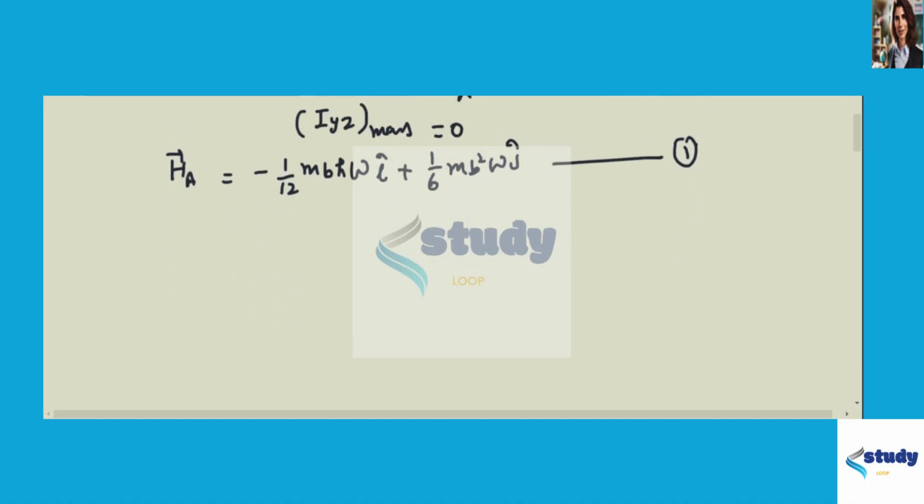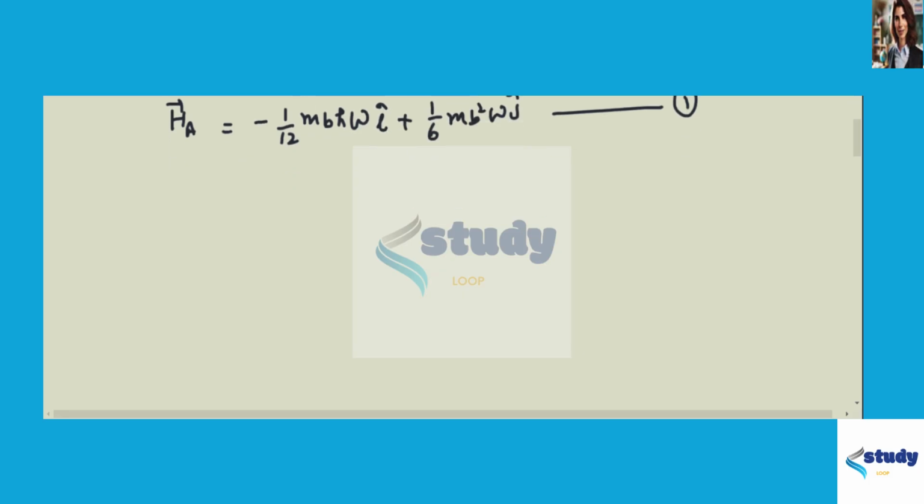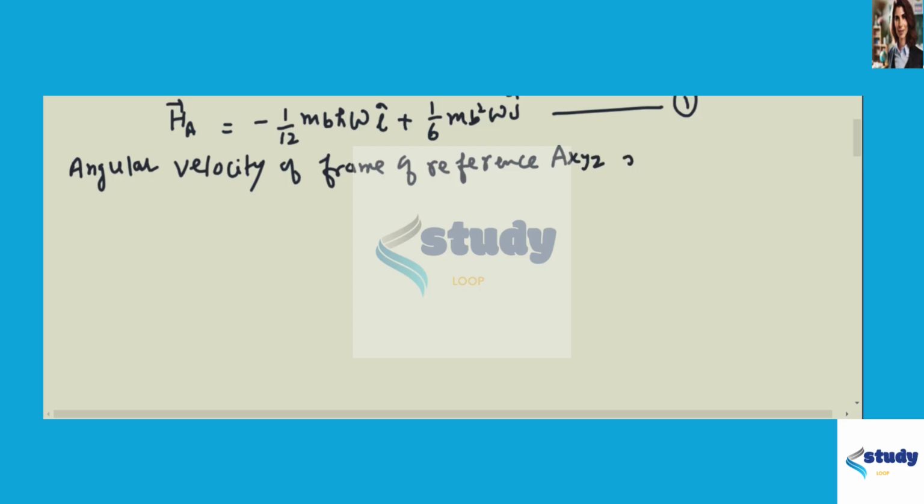The angular velocity of the frame of reference Axyz, rotating with the plate, is equal to omega j cap.